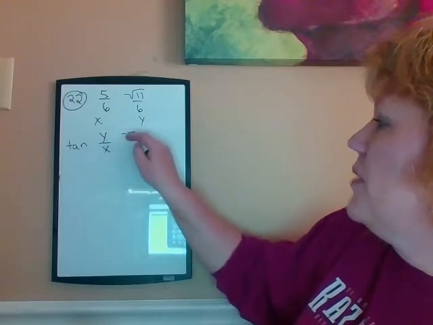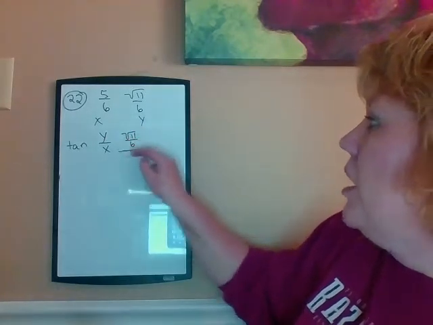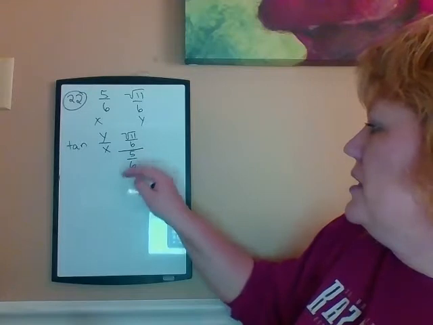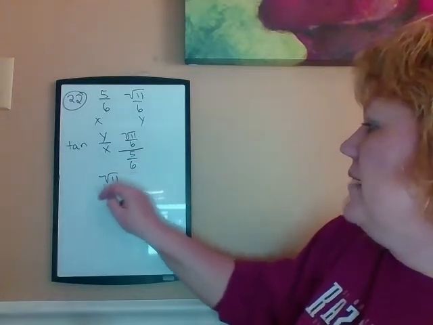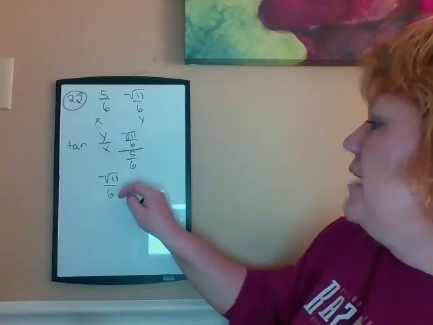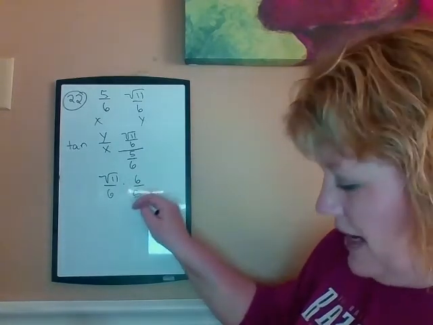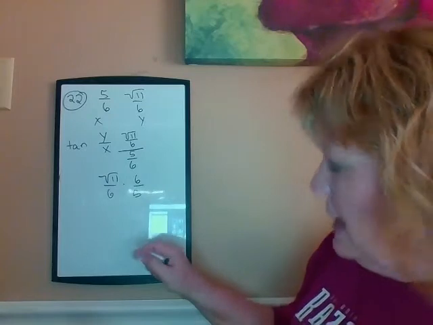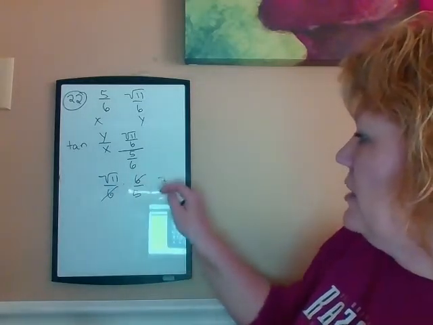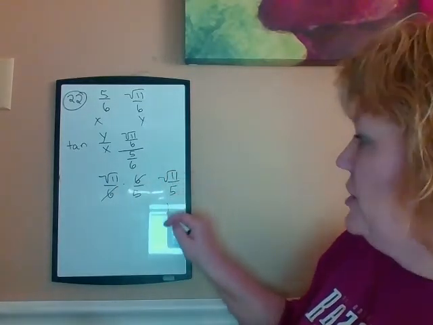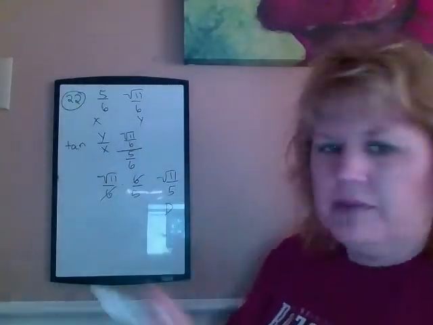So it's going to be the square root of 11 over 6 over 5 over 6. So you're really doing the square root of 11 over 6 divided by 5 over 6, which means multiply by the reciprocal, 6 over 5. And you're going to cancel here, and you're going to get the square root of 11 over 5, which is D. This was one of the ones I mistakenly put the wrong answer on. C is not right. D is the right answer on that one.